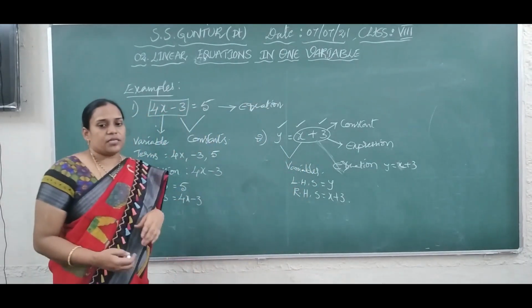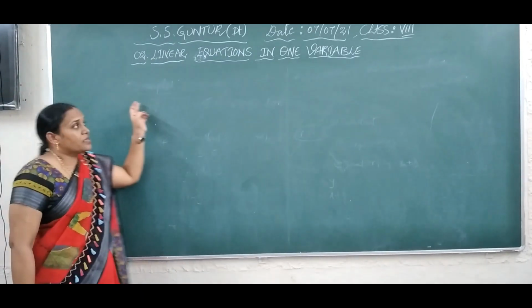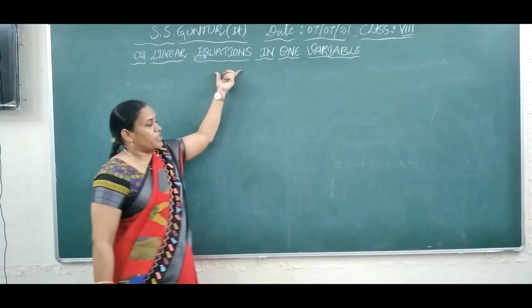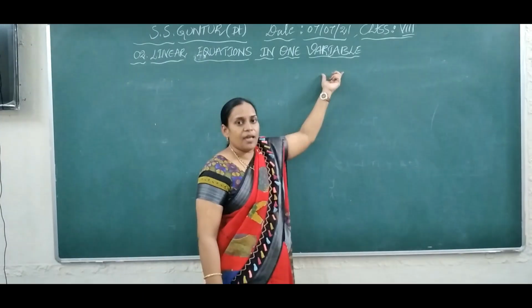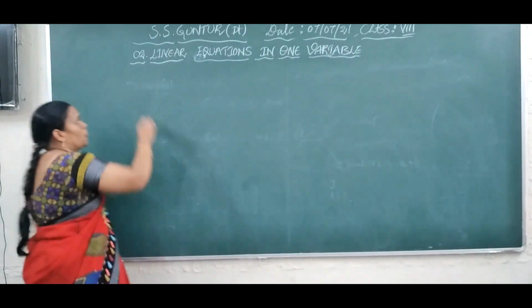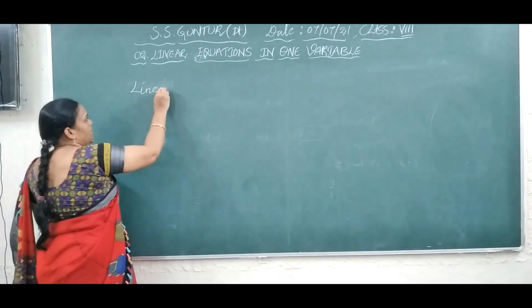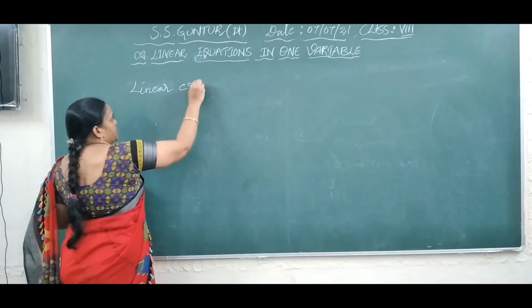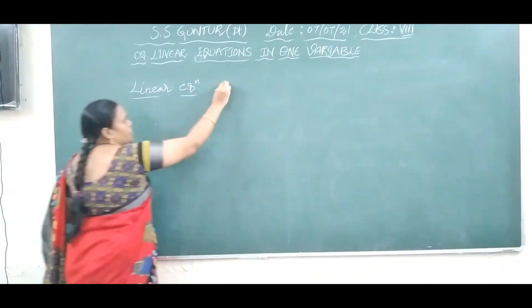Okay, next, linear equations in one variable. We already know what an equation is and what a variable is. Now, you have to know the linear equation. What is a linear equation?